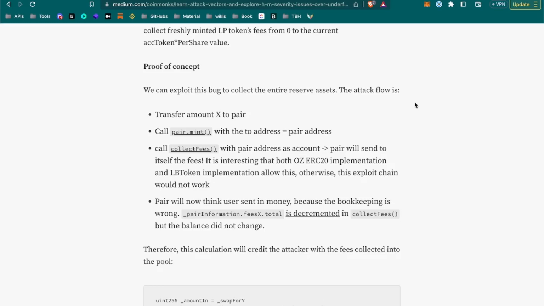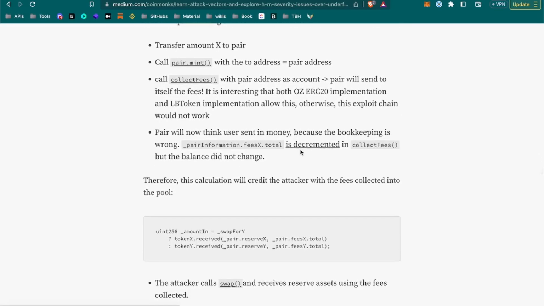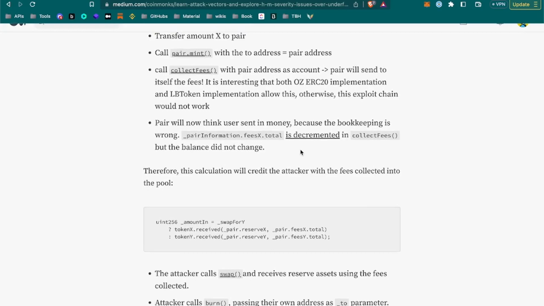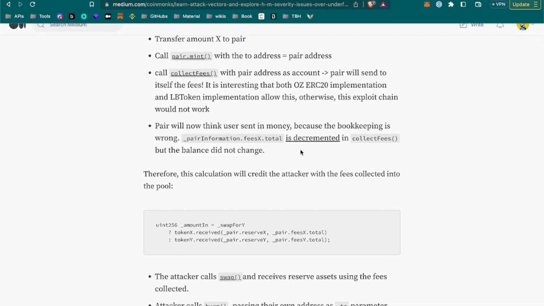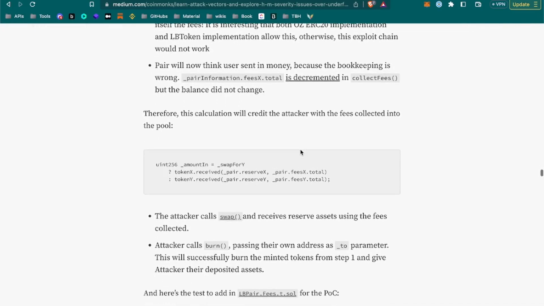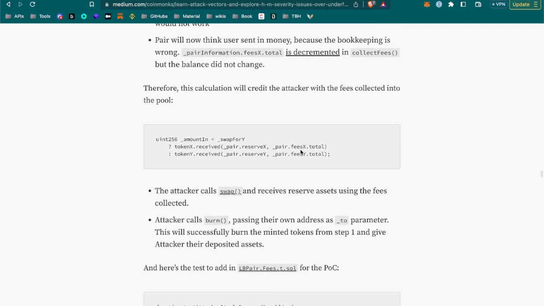Even if you implement the code to prove how you can break it, it is nice to add the step by step. So I will share the link as I mentioned before, and you can take a look at the steps or pause the screen and go through it. But the idea, if we continue forward, is that this calculation will credit the attacker with the fees collected into the pool.